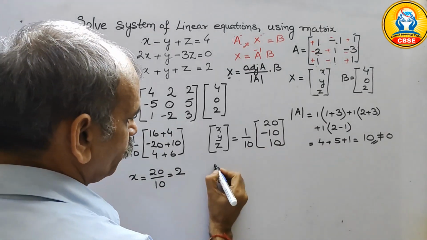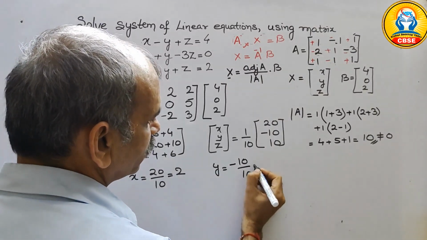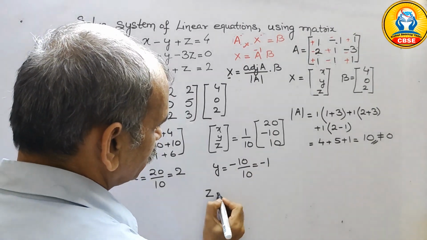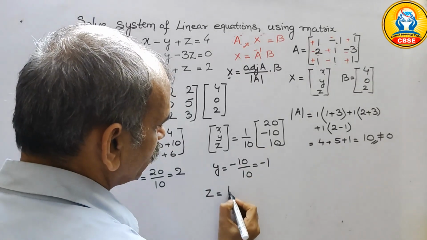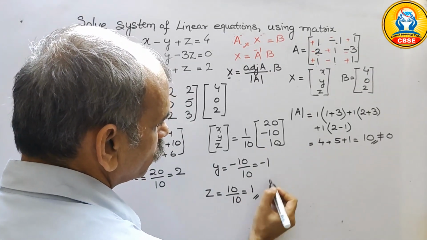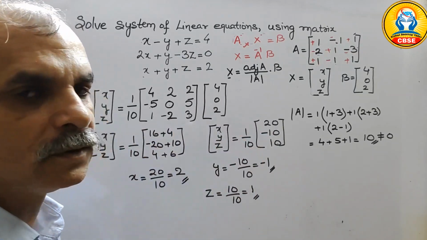Next is y. y is equal to minus 10 by 10, that is equal to minus 1. z is equal to 10 by 10, that is equal to 1. So now we have to find out this value only.